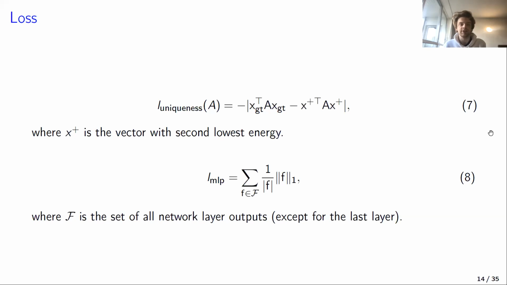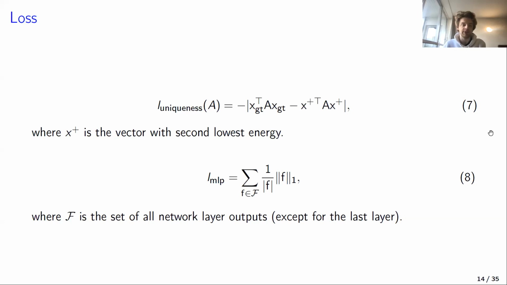Then our uniqueness loss was the second part of the loss. The uniqueness loss can be set in relation to the spectral gap of our matrix A, because it's very important that the lowest energy level and the second lowest energy level aren't too close to each other. If they are fairly close to each other, then there's a high possibility that the quantum annealer will just end up in the second lowest solution instead of the lowest solution, and therefore we won't always get the perfect solution.